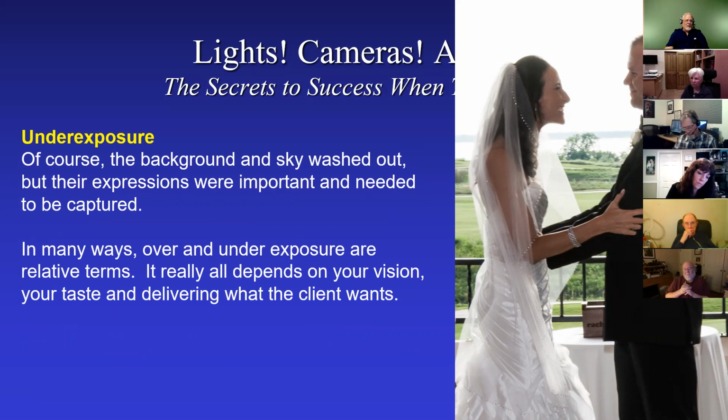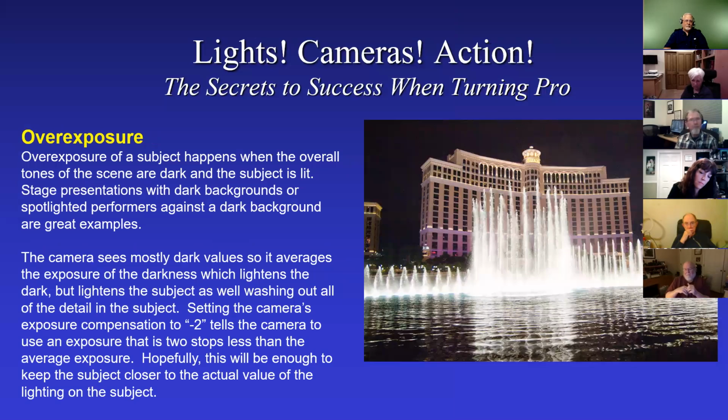The other arrangement that you get into is when you have a really dark background. And so, gosh, it makes me want to go to Vegas. You go out to Vegas and you want to shoot the fountains at Bellagio, and you put your camera on program or aperture priority or whatever you use. And what does the camera see? Well, it sees mostly dark.